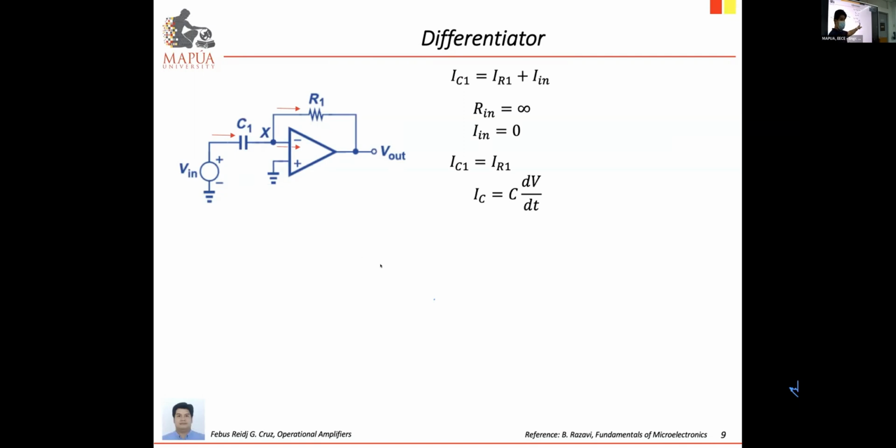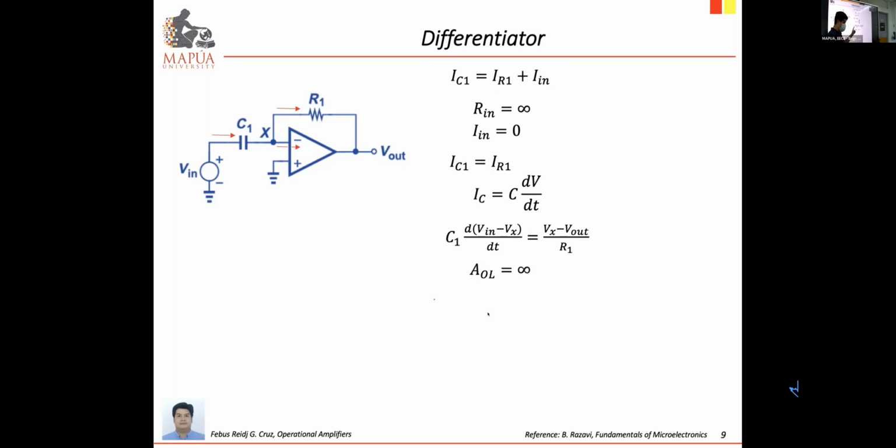Then use this equation. So IC1 would be capacitance C1 times change in voltage across the capacitor. So in this example, it will be Vin minus voltage at node X, which is 0. So you can have derivative or change in input voltage. All right, so using this, you have C1 times change in Vin minus Vx divided by dt, change in time, or delta t, equal to IR1, Vx minus Vout over R1.